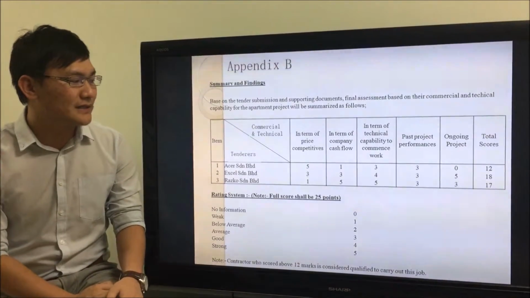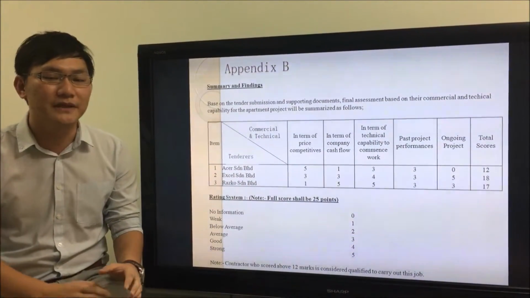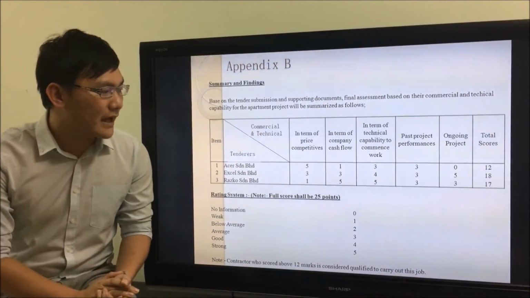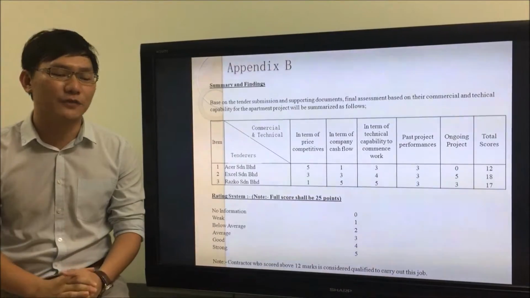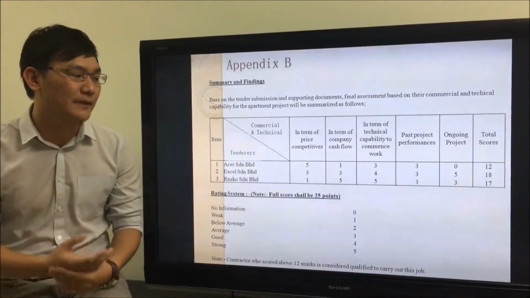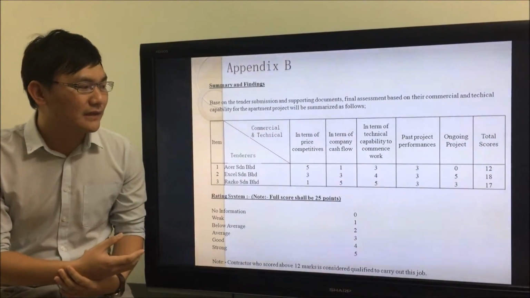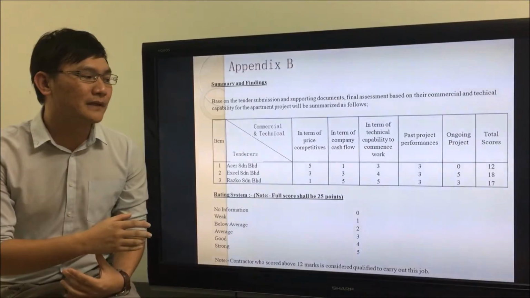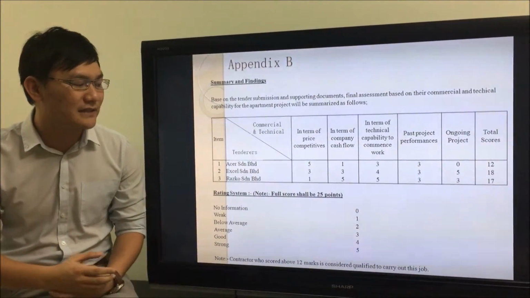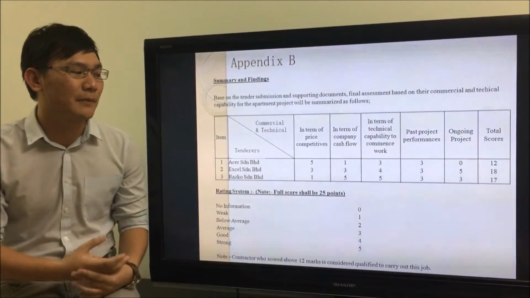In terms of price competitiveness, Excel Cerebral Heart has scored the highest, which means Excel Cerebral Heart has the lowest standard price. Okay, in terms of company cash flow, Rasco Cerebral Heart has the highest paid-up capital, which I computed as 5. In terms of technical capability to commence work, Rasco Cerebral Heart has the highest experience, which means he has the highest technical capability.